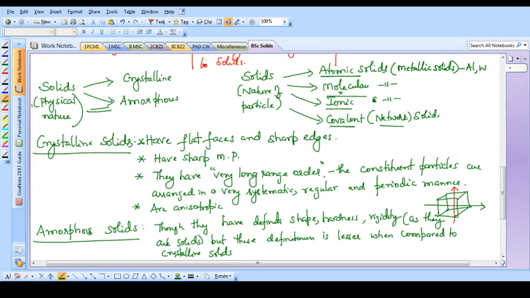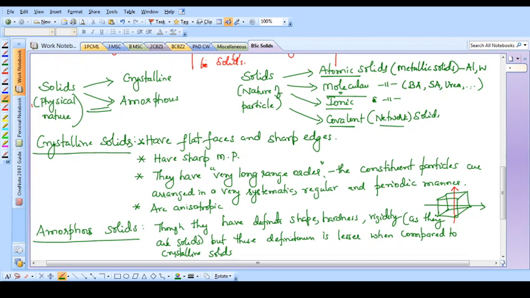Those crystals are made up of molecules, so such type of solids are called molecular solids. It may be benzoic acid, salicylic acid, urea. There are different substances containing molecules. Such solids are called molecular solids because the particles are molecules.